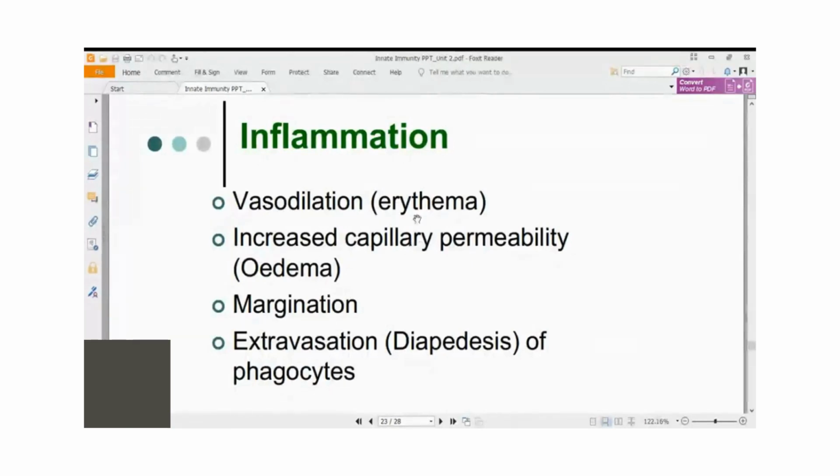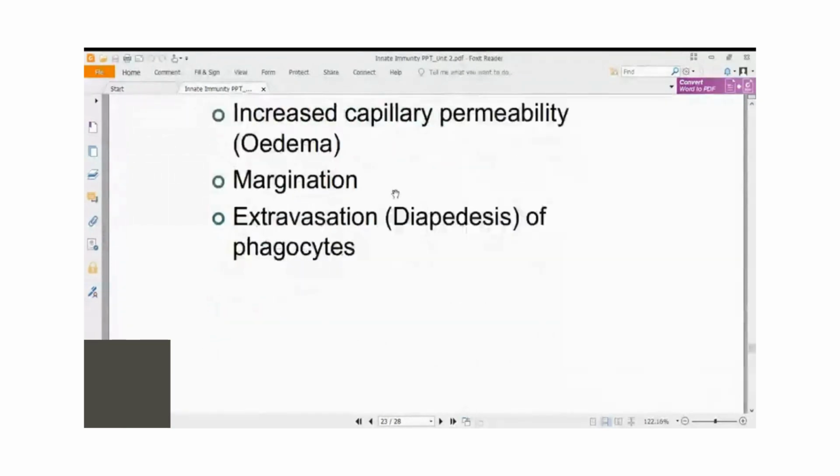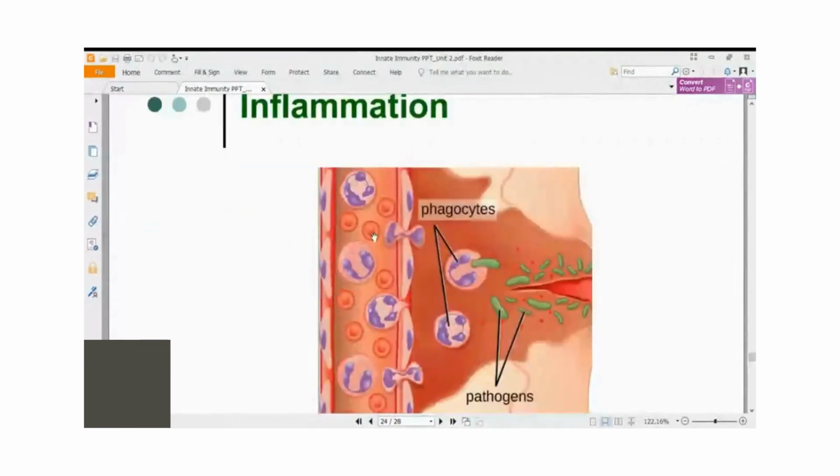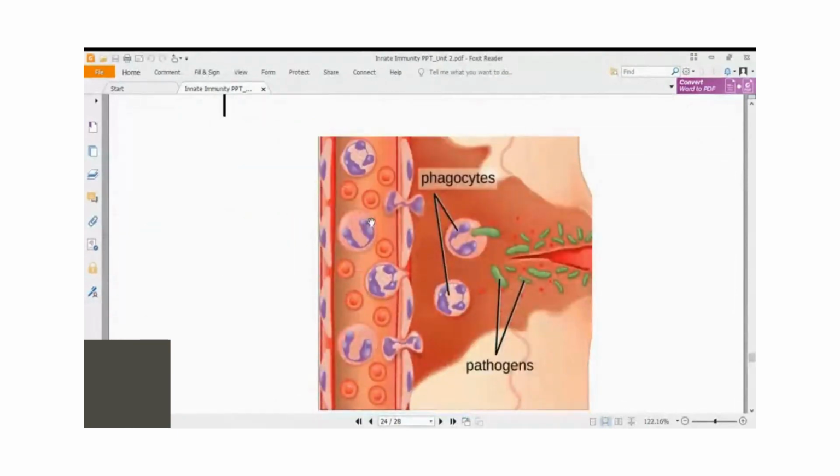At the same time, when these two processes have taken place, because of the vasodilation, you will see that a large number of neutrophils will have come to that area. And those neutrophils will get a special ability. That special ability is to come and attach to the wall of the blood vessel. Otherwise, they are free.